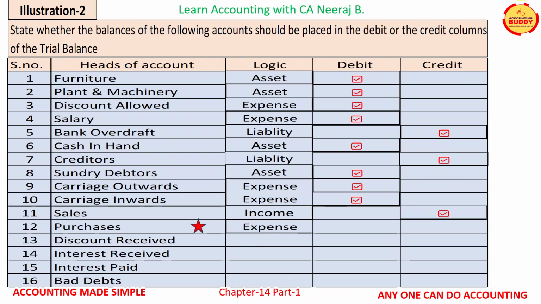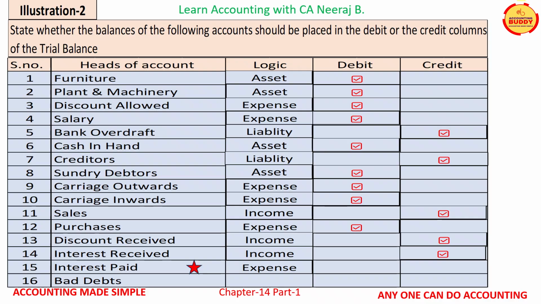Purchase account is an expense account, so it is placed in the debit column as the business expenses always carry debit balance. Discount received and interest received both are income accounts, so both these accounts are placed in the credit column as the business incomes always carry credit balance.